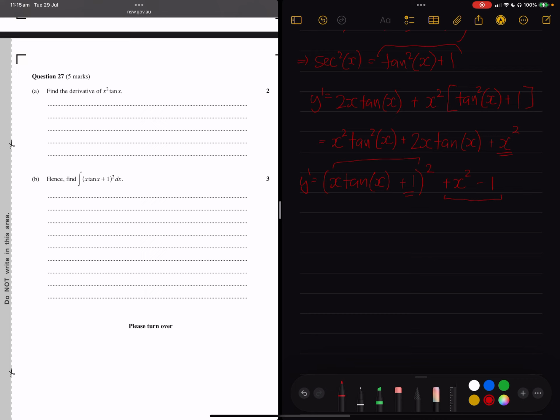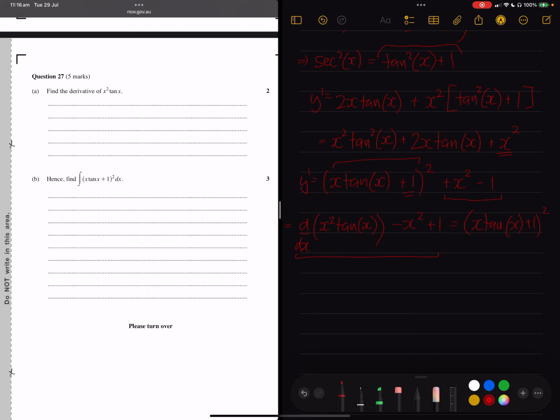So what we really want to do is substitute this in. So we've got d dx of x squared tan of x minus x squared plus 1 is equal to bracket x tan of x plus 1 all squared. So really, we just need to take the integral of this.